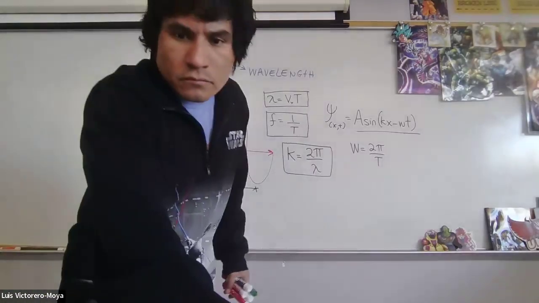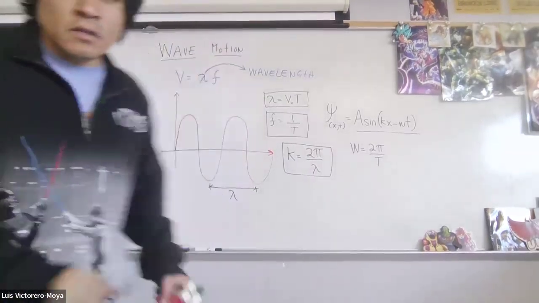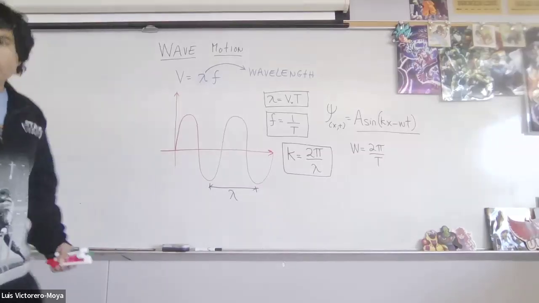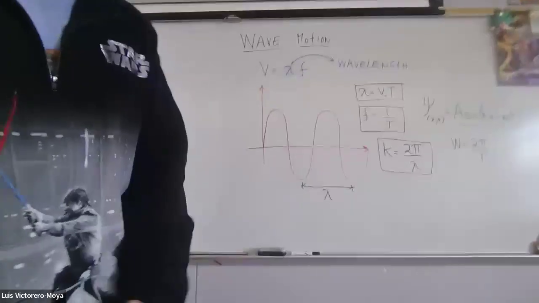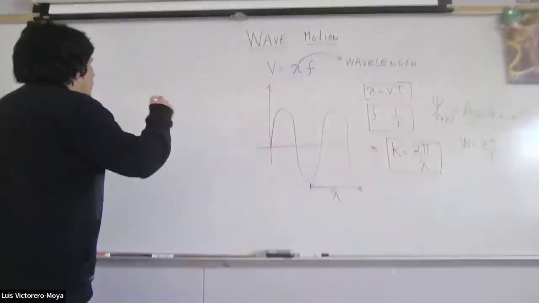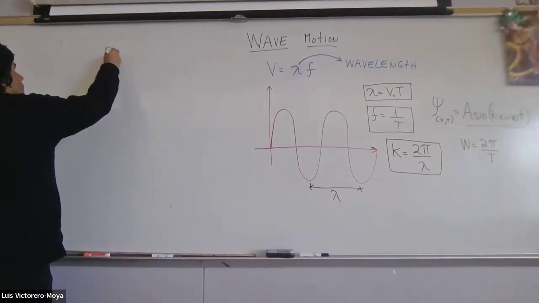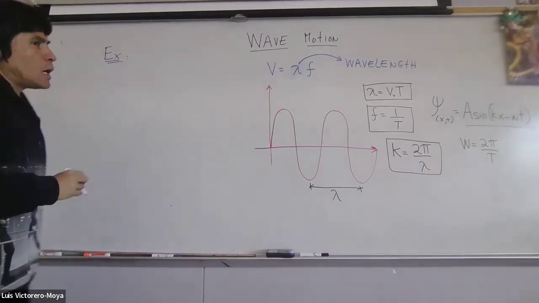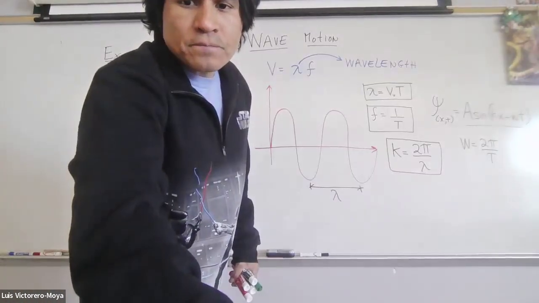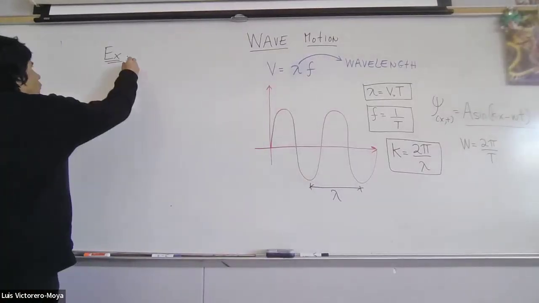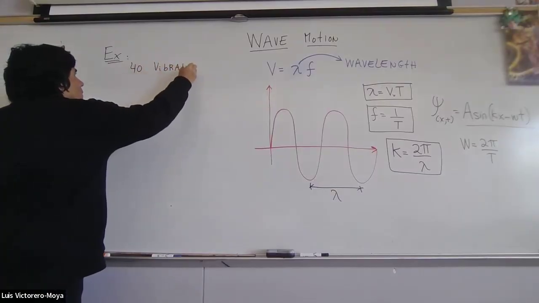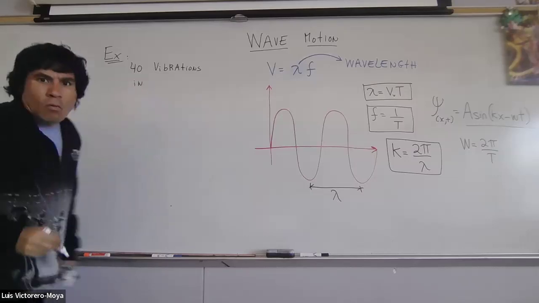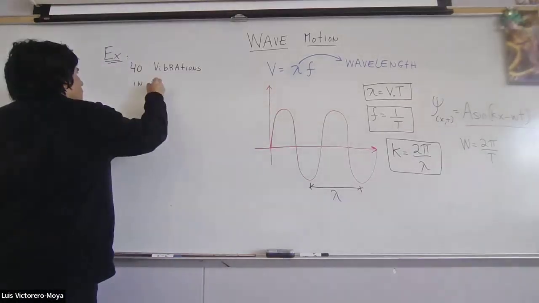So let's move this a little bit. Yeah, you can see the equations. So the problem, the example: they give you a harmonic wave doing 40 vibrations in 25 seconds.